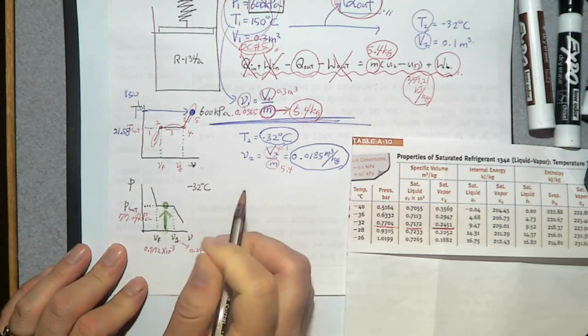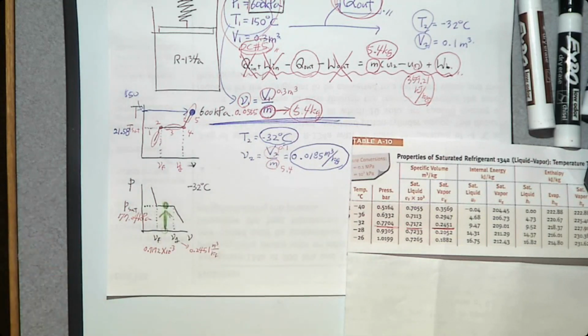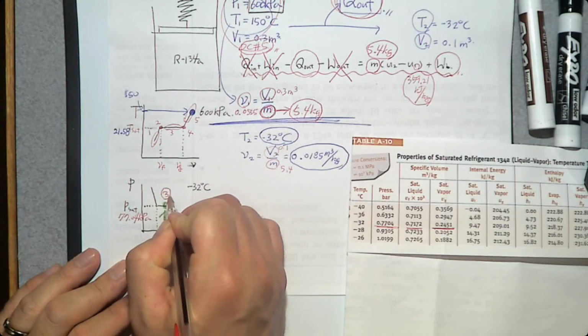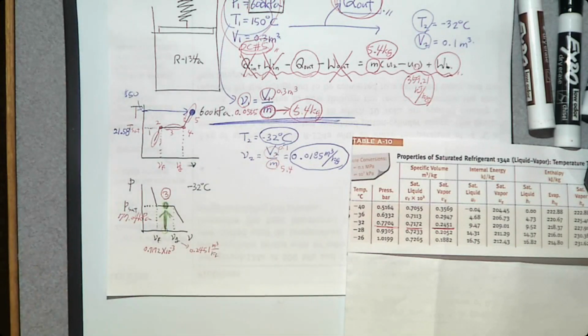Right here. So what is the phase change process at this location? 1, 2, 3, 4, 5. So we have number 3, saturated mixture.